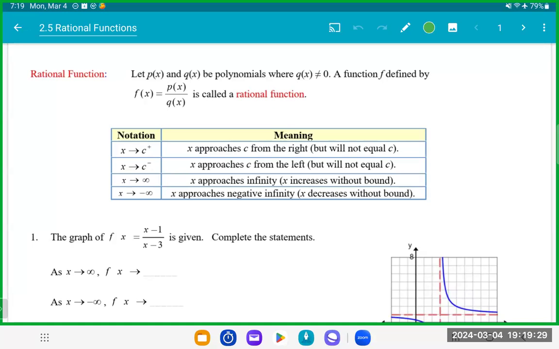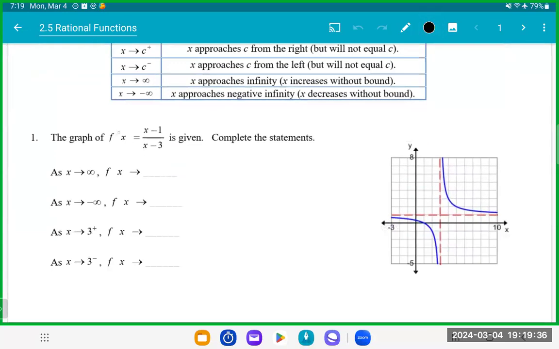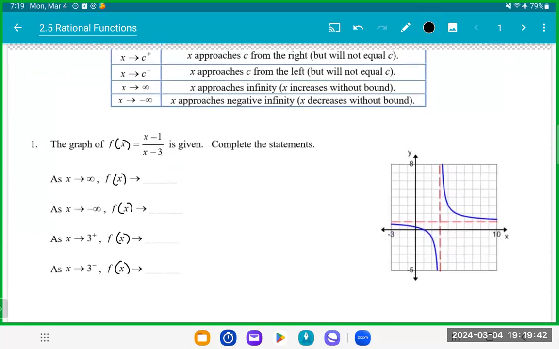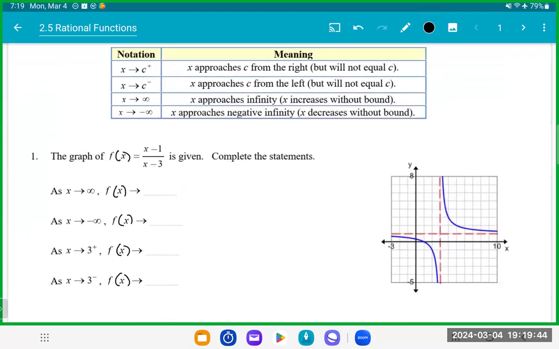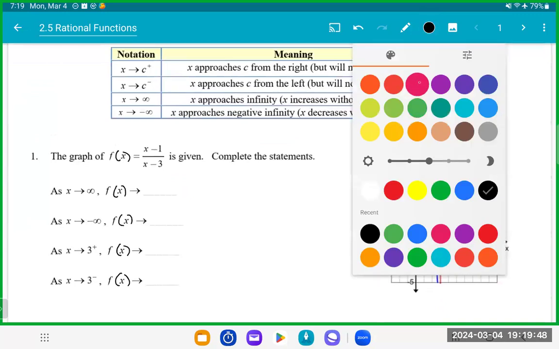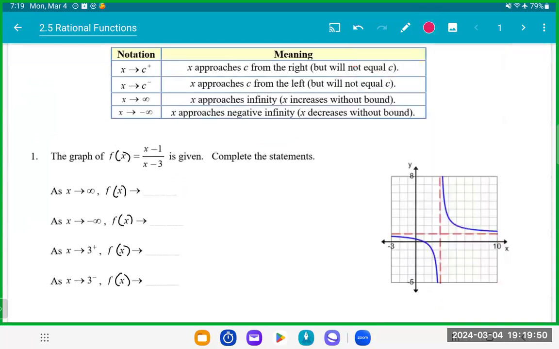Okay. And so what we have here is, let me put the parentheses around that. So in notation form, as I mentioned, I believe last class period, when I see x and then that arrow and c, this little plus sign, I don't know if y'all see that.